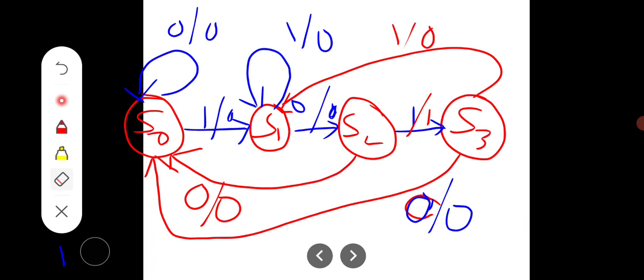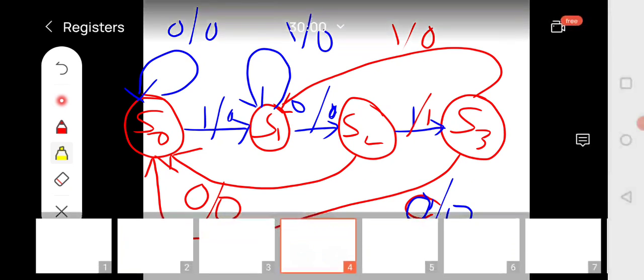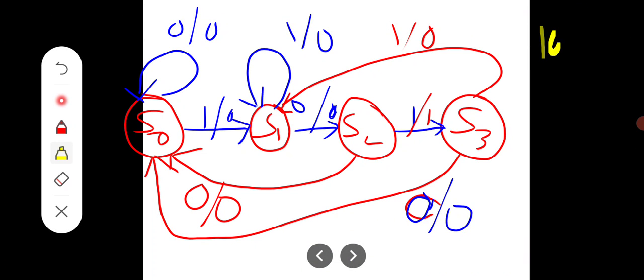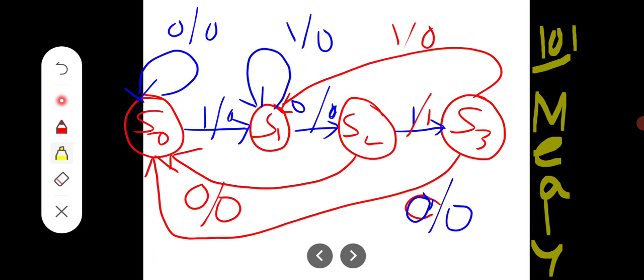This is a diagrammatic representation of 101 detection using the Mealy machine. This is the circuit diagram and everything regarding the explanation. So this is a Mealy machine example for 101 detection.